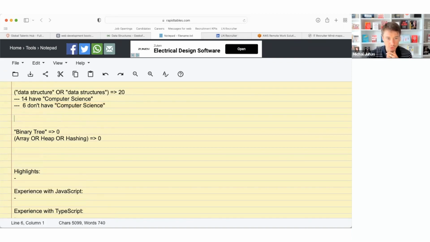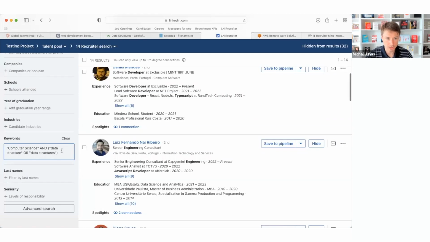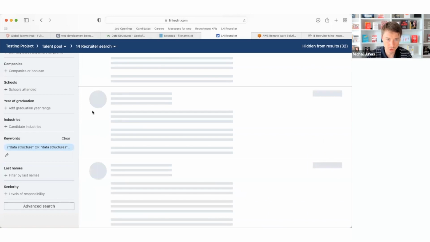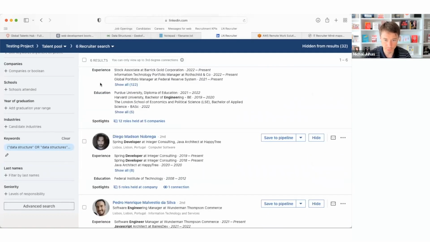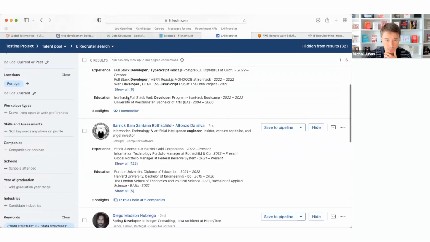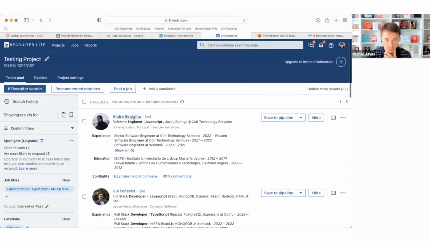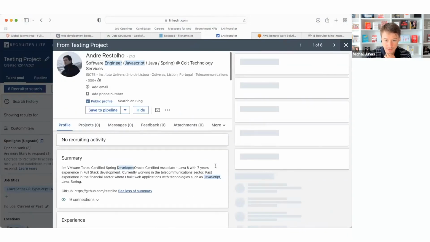So we can create a search string that will reveal those 6 profiles, and we will write simply data structure or data structures, not computer science. This should get us those 6 profiles exactly. So let's go through all of them one by one. It's only 6 profiles.